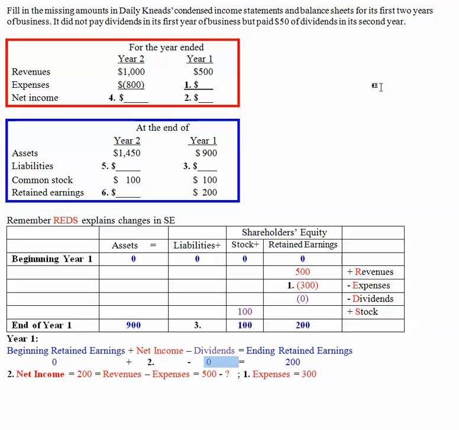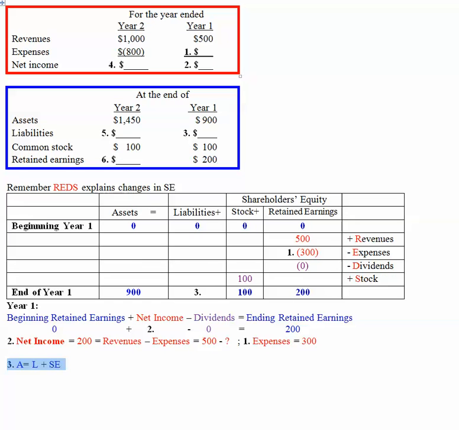What we're also missing from year 1 is our liabilities, but you can see here that we have our simple equation of the balance sheet where A equals L plus SE. So when you do A equals L plus SE and plug in what we do have, we can see that we have to solve for L. So you can rearrange your accounting equation, and when you do that, your formula comes out to be liabilities equaling 600.